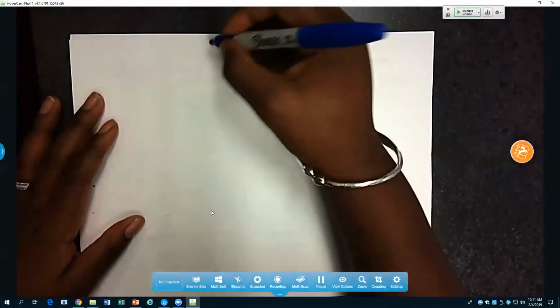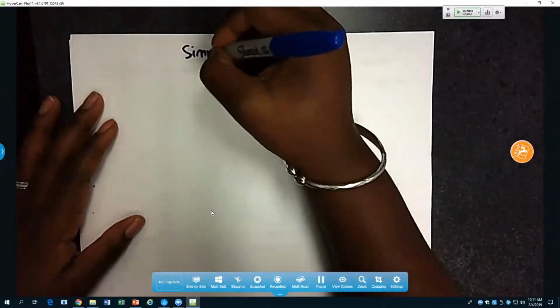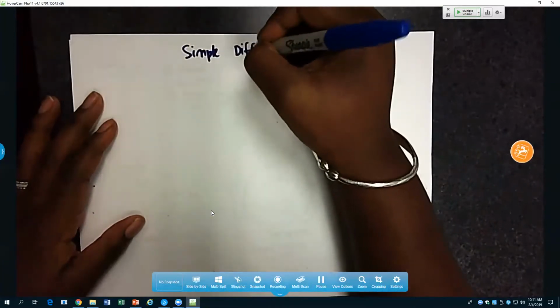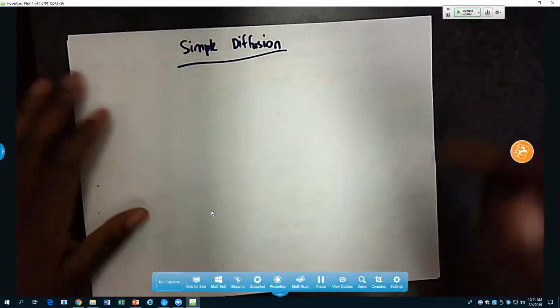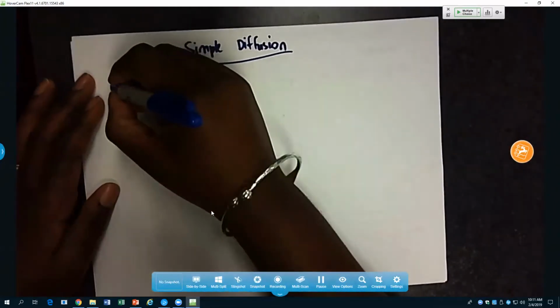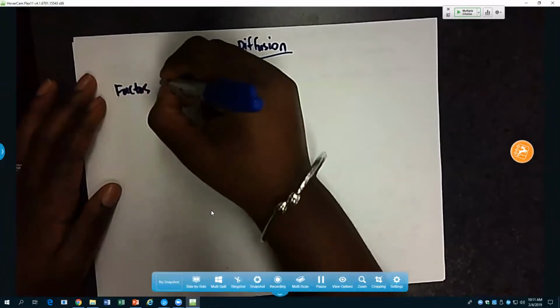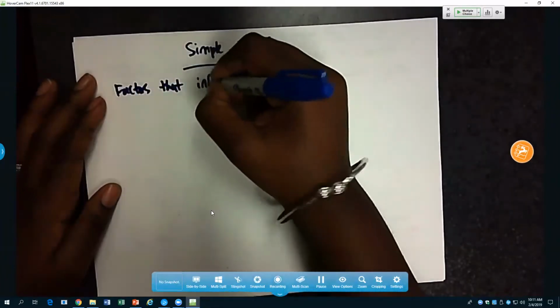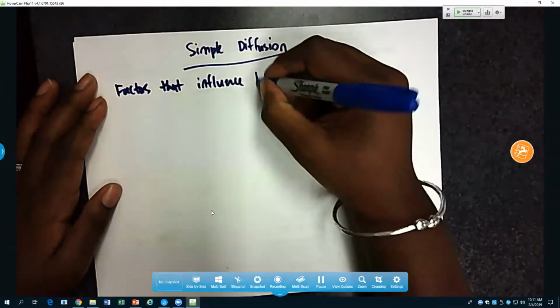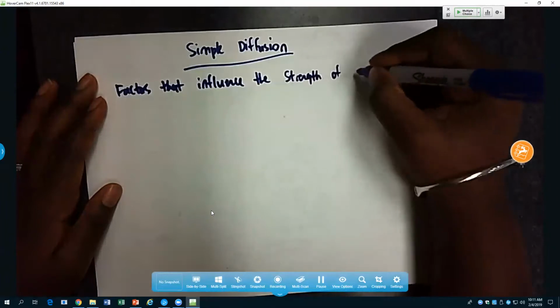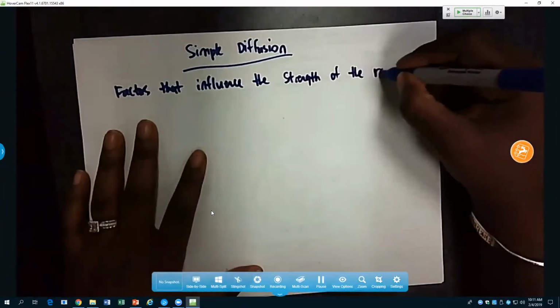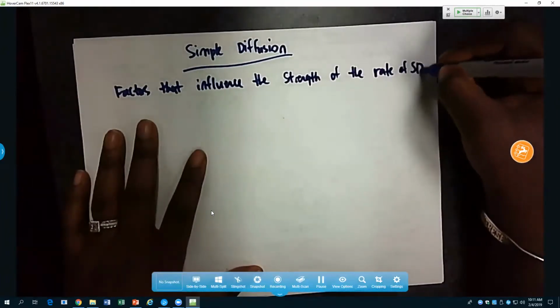Okay, so let's look at simple diffusion here. What we're really talking about here are factors that influence the strength of the rate of simple diffusion.